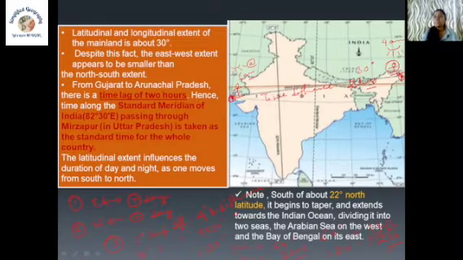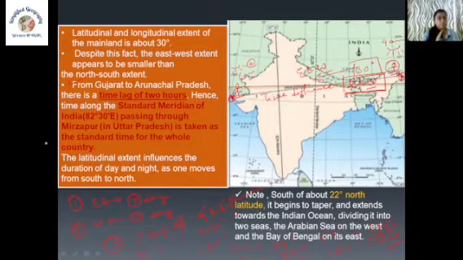Because there is a 2 hours time difference, because we have 30-degree difference in east and west. Are we clear up to this? So this is why we have time difference.